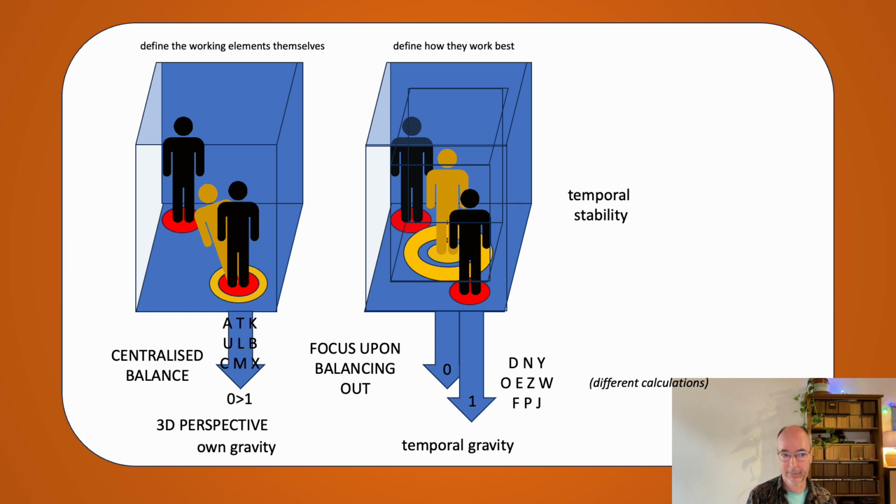So basically the first three dimensions and the letters that fit with that are simply defining the working elements. It's going from 0 to 1, so it's defining the position, defining the element, defining the one. It only follows its own gravity to form itself, to be itself, to find its position, and that's the centralized balance that it finds there.